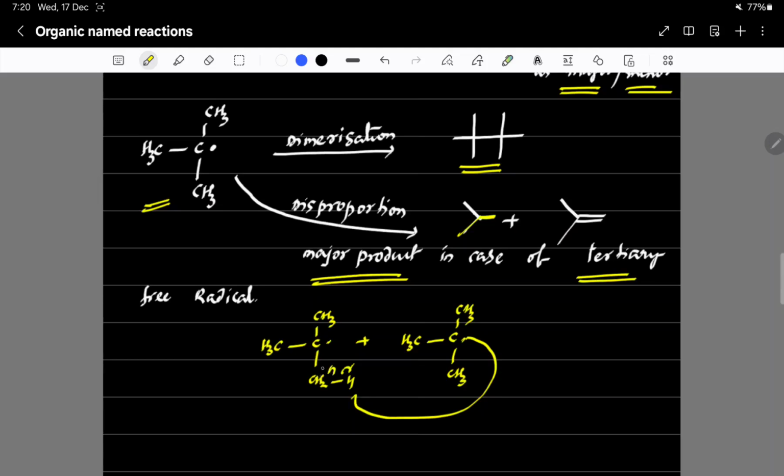Now this radical recombines, and a reaction takes place forming a double bond here. Then I will get CH3, C, CH3, double bond CH2. This is isobutylene, this is one product. And one more, we will get CH3, CH, CH3, CH3 as the product. So this disproportionation reaction is possible only in the case of the tertiary butyl radical, and we observe it as trace amounts only.